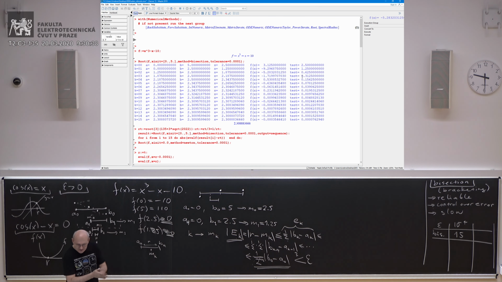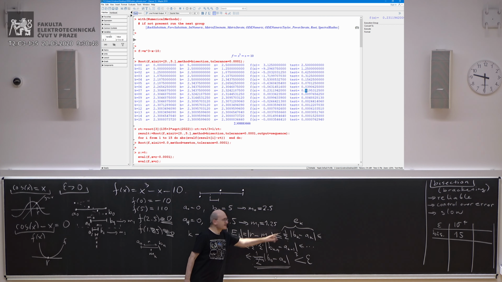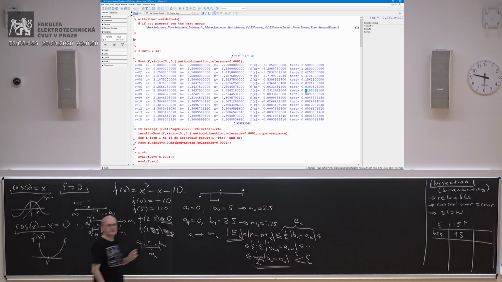Now, when we look over here on the test, we can see these little zeros here. So at this stage, the upper estimate suggested that the first decimal digit in the approximation is already correct. Now, in these next lines, it seems that 2 digits should be correct, and then 3 digits.